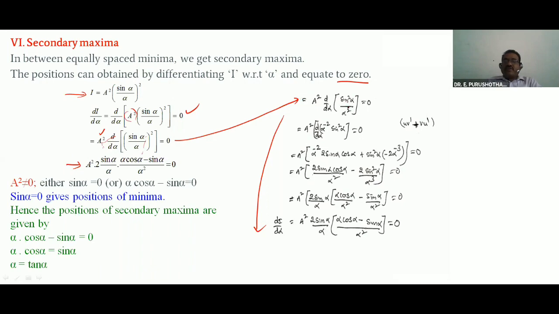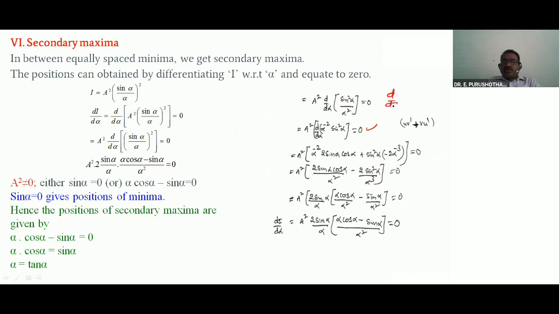So we can write sine square alpha by alpha square is equal to 0. a square as it is, d by d alpha also as it is. So we can write alpha to the power minus 2 sine square alpha is equal to 0.